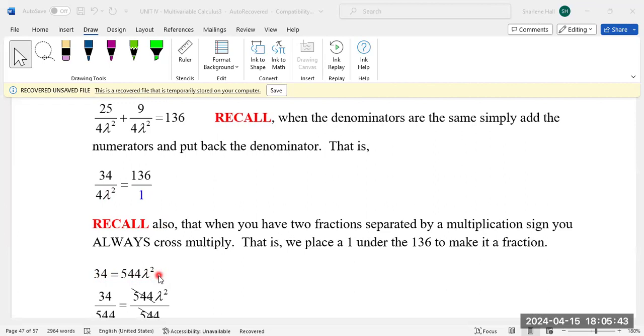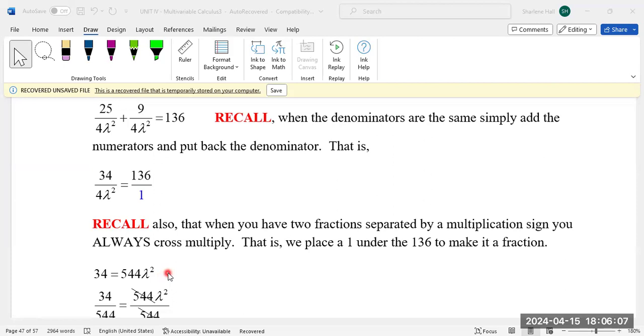Run that again? I'm cross multiplying 34 times 1, okay, 34. 4 lambda squared times 136 is 544 lambda squared. Follow me? So far, sir. Yeah. Very nice.